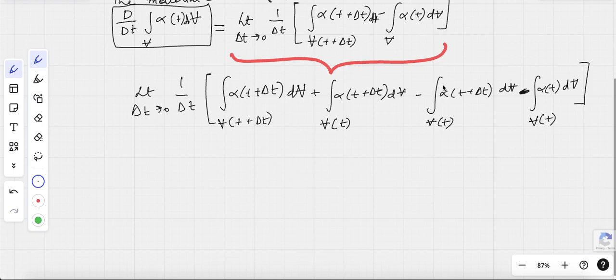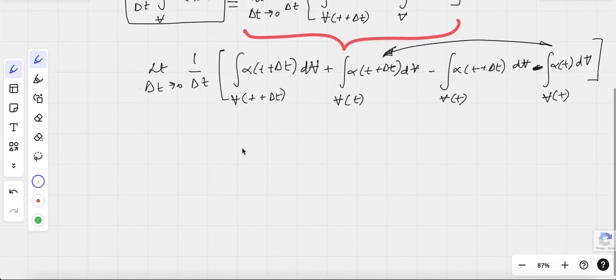Now if we take these two terms, this and this term together, what we will have is integration over V(t) of this limit, which can come inside, right?